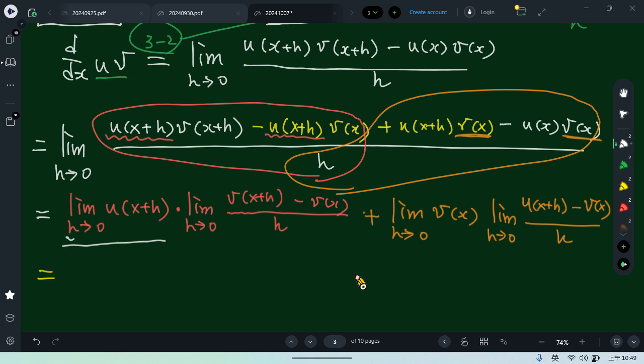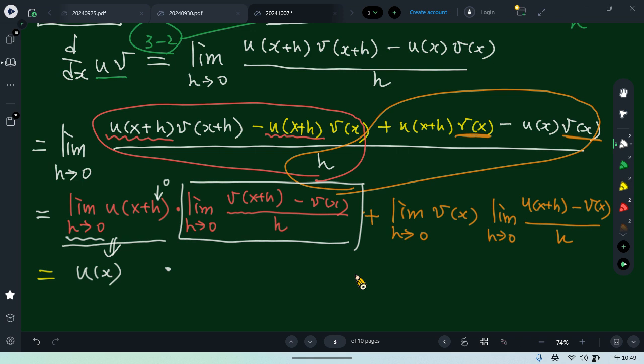For this part, because h is approaching 0, u of x plus h becomes u of x, times, for this part, v prime x. V of x plus h minus v of x over h, when we take its limit as h goes to 0, we get this result.